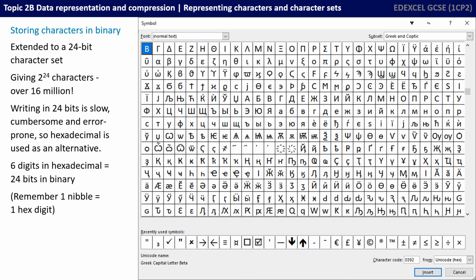Unicode was finally extended to a 24-bit character set, so that provides over 16 million different combinations. In other words, we can store 16 million different characters. Writing in 24-bit extended Unicode is slow and cumbersome and error-prone, so hexadecimal is used as an alternative. 6 digits in hex equals 24 bits in binary.